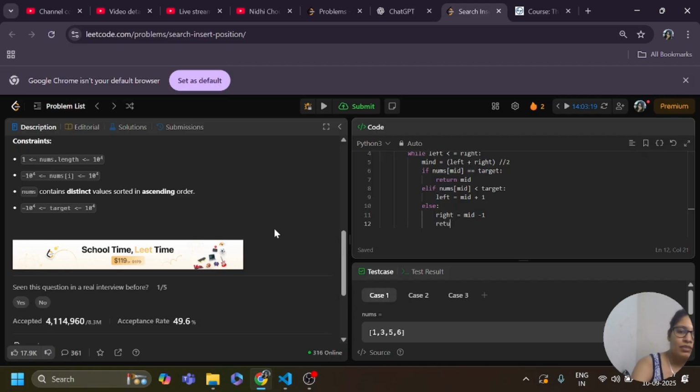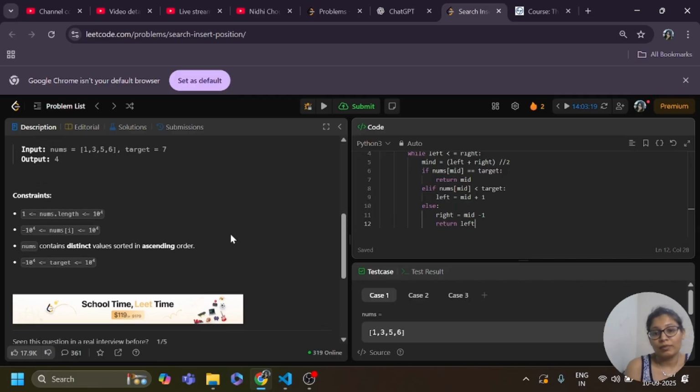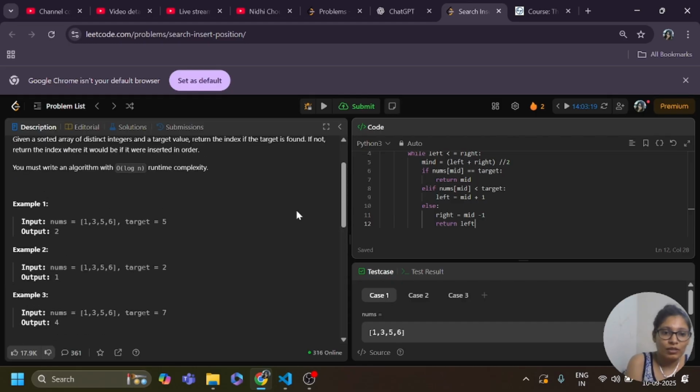Return left. In the previous example, we returned minus 1. Okay, here we are going to return left, because we give an index. If the element is not present, we will guess where it is located in the array.